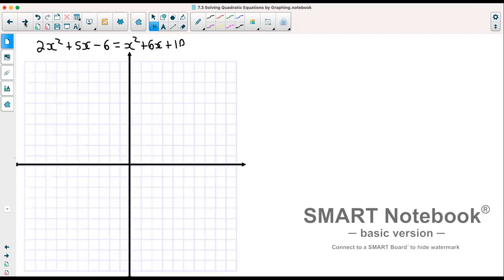So we have 2x squared plus 5x minus 6 equals x squared plus 6x plus 10. So our first step will be rewriting and reorganizing this.